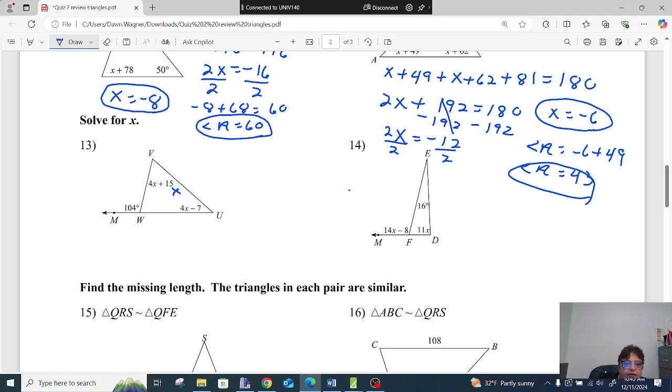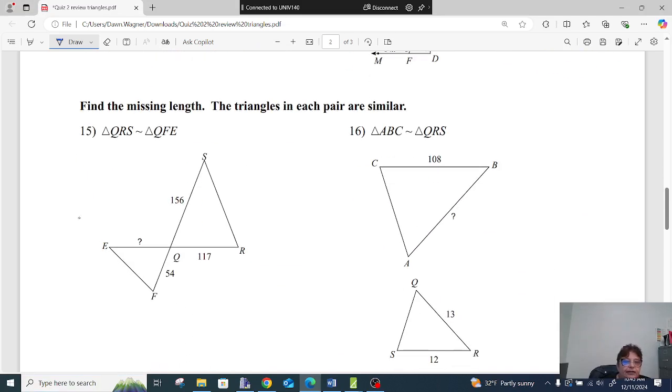Unpause this. So for the next one, now we're doing the similarity like we did earlier today. So I'm looking for EQ. That's where my eye always goes when I'm setting these up, where the question mark or X is.